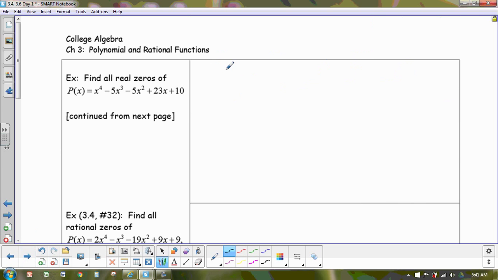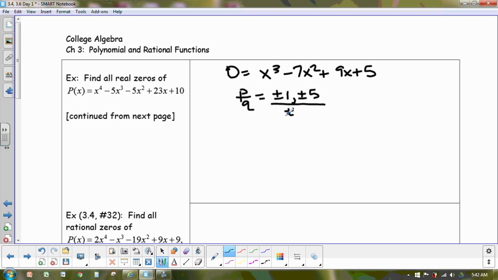So if I turn that over to keep solving, now I'm interested in solving 0 equals x to the third minus 7x squared plus 9x plus 5. Well, if I'm out of options as far as factoring, then I can do p over q. So p over q for this one would be all the factors of 5, so plus minus 1, plus minus 5, because 5 is my constant, and then plus minus 1 on the bottom for all the factors of my leading coefficient, which is 1.